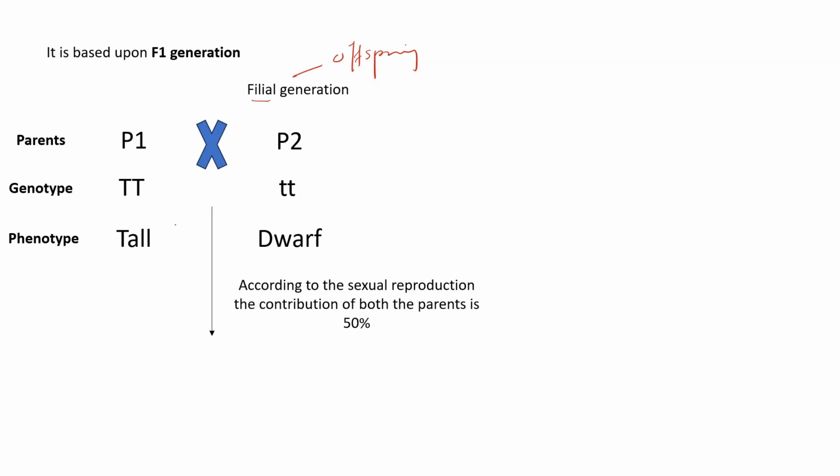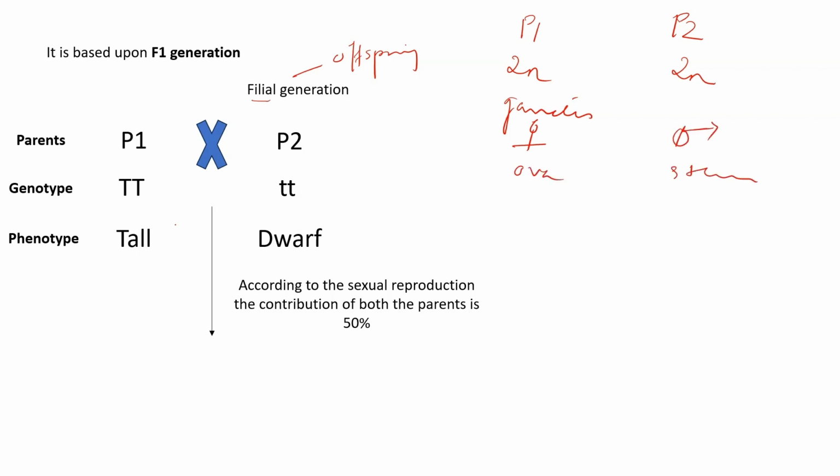Now, as you all know, we are diploid organisms, so definitely parent 1 and parent 2 are both diploid, that is having 2n chromosomes. But for reproduction, what is needed is the gametes. In case of female, it is the ovum. In case of male, it is the sperm.